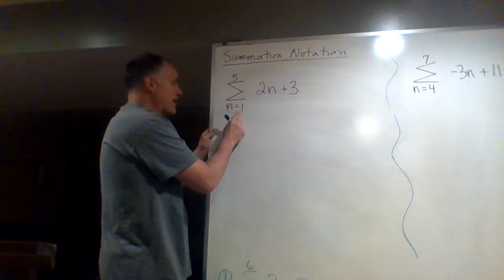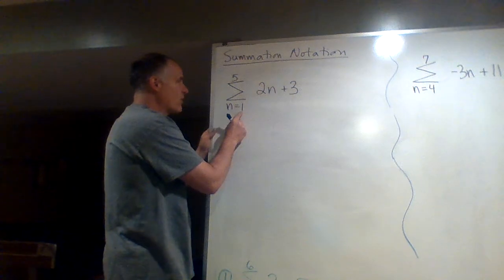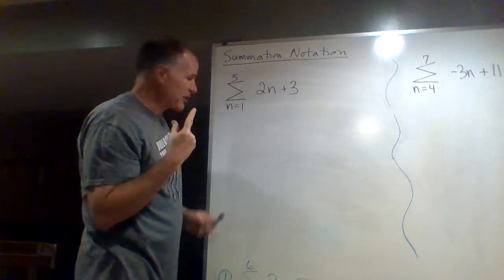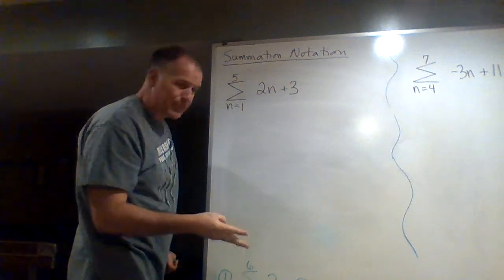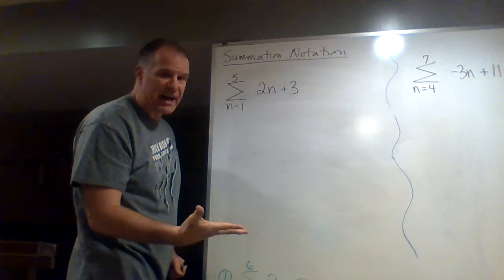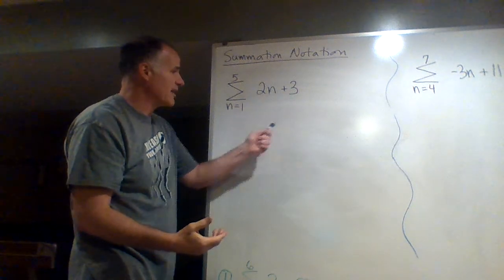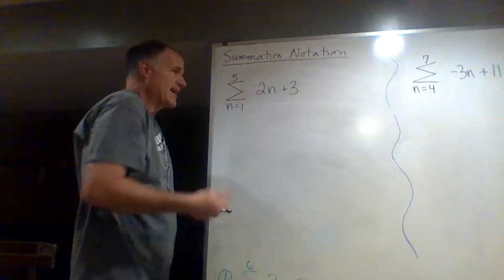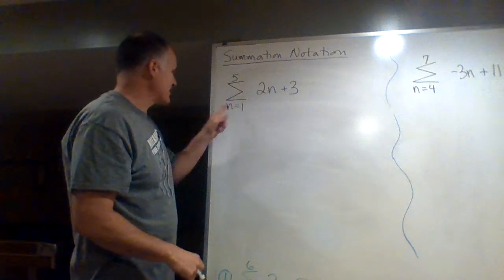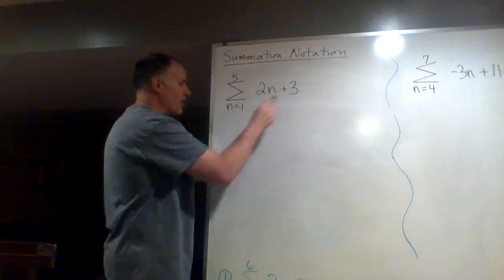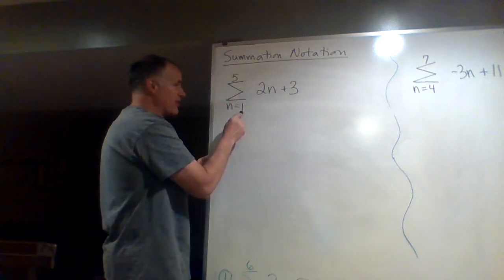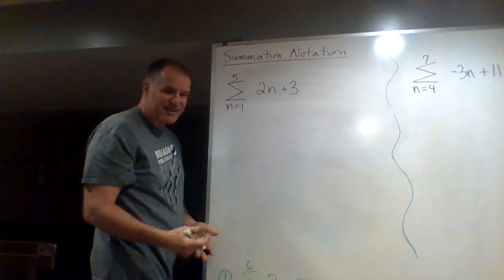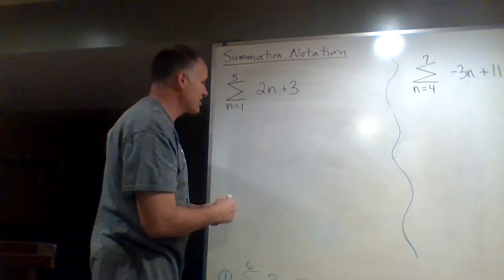We're going to do summation starting at 1 and ending at 5, which means we plug in 1, then 2, then 3, 4, and 5 into this formula, get answers, and then sum them all up. I know it might sound a little weird, but basically they're saying plug in a 1, solve it. Plug in a 2, solve it. Plug in a 3, all the way up to a 5, and then take all those answers and sum them up. That's what summation notation is.